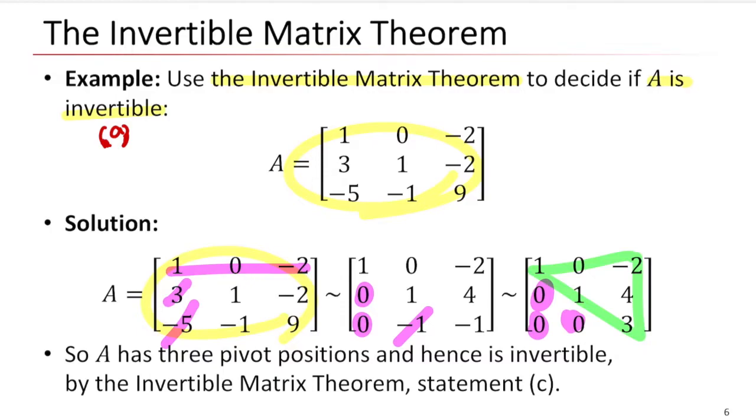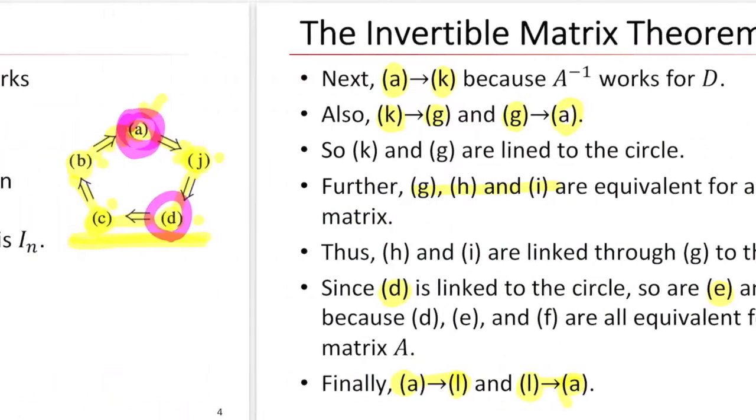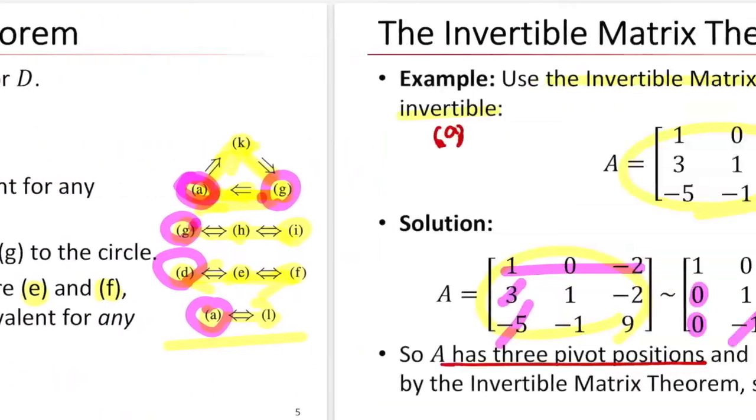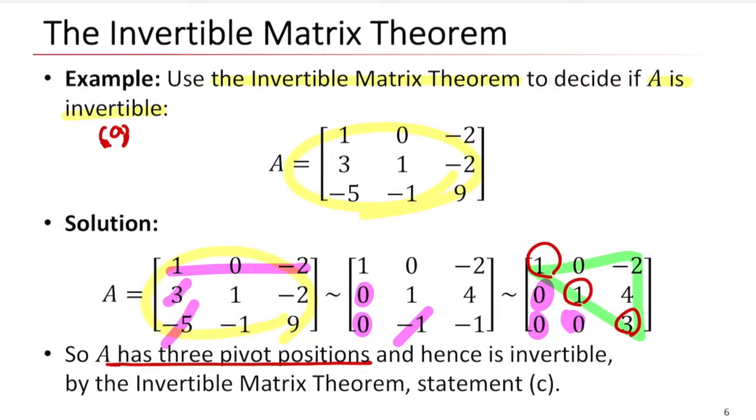From this, we can find that matrix A has 3 pivot positions, here, here, here, right? What does it mean? It is statement C here: A has n pivot positions, because this is a 3 by 3 matrix, right?